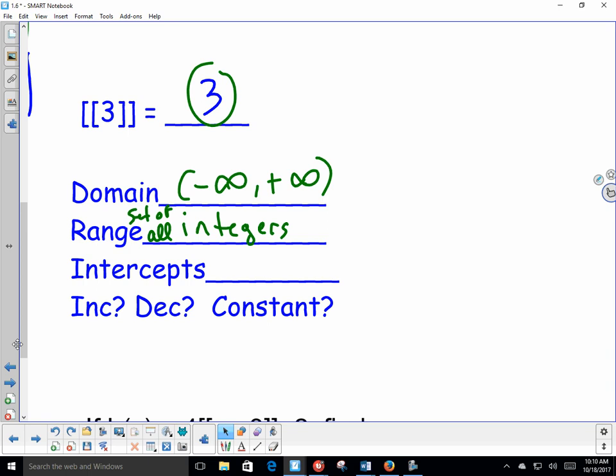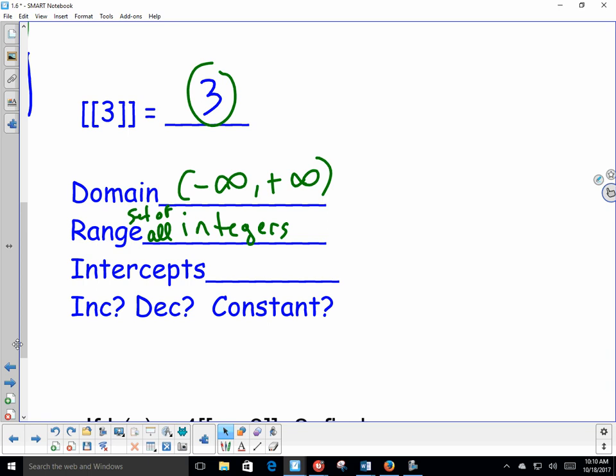They got a nice graph there for you on page 69. The domain of the function is the set of all real numbers. The range of the function is the set of all integers. The graph has a y-intercept at (0, 0), and the x-intercepts are every number in the interval from 0 to 1, including 0, but not including 1.